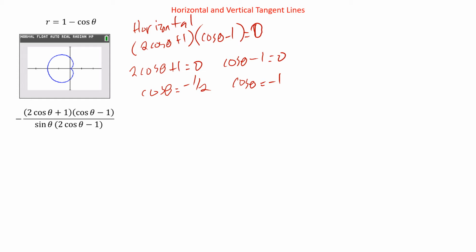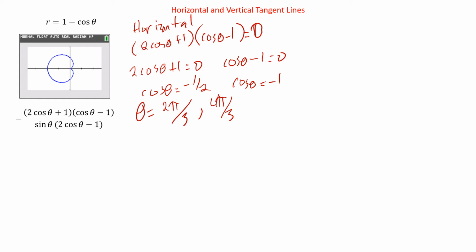What gives us cosine of negative 1/2? Now the 1/2s are going to be the pi over 3's. We want negative 1/2. Theta will equal 2 pi over 3, or 3 pi over 3 isn't a pi over 3, that's just 1, 4 pi over 3.